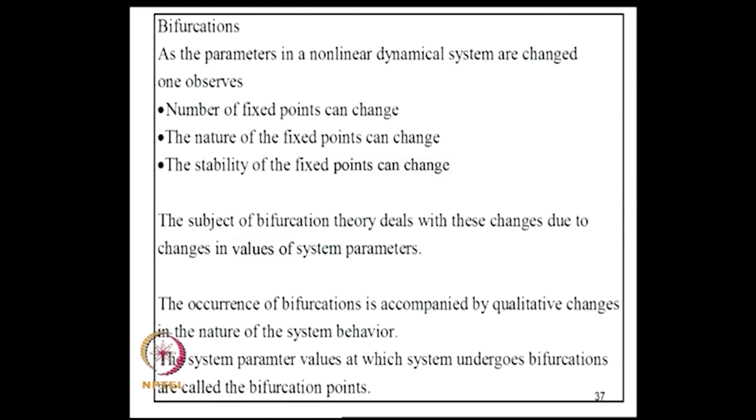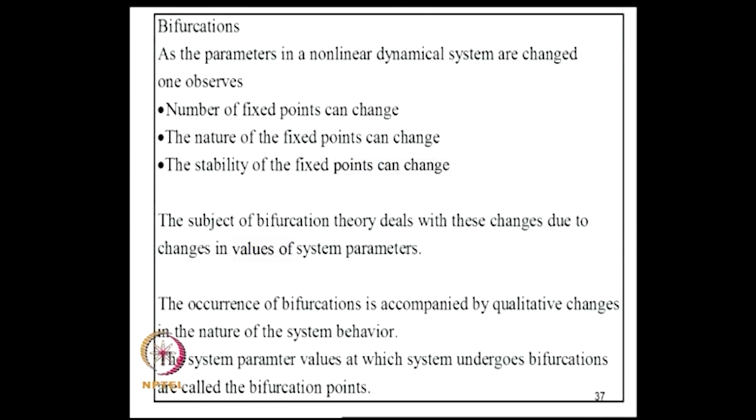A dynamical system is characterized by a set of system parameters. As the system parameters are changed, one observes that the number of fixed points can change, the nature of fixed points can change, and the stability of the fixed points can change. The subject of bifurcation theory deals with these changes due to changes in the values of system parameters.